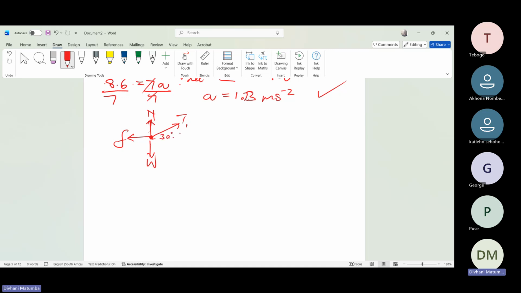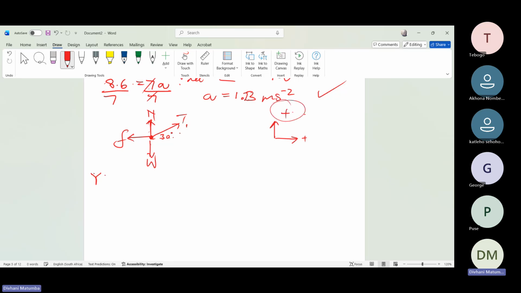If we are resolving forces in the y direction, first of all, we have to choose the directions. I'm going to choose right as positive and upwards as positive.